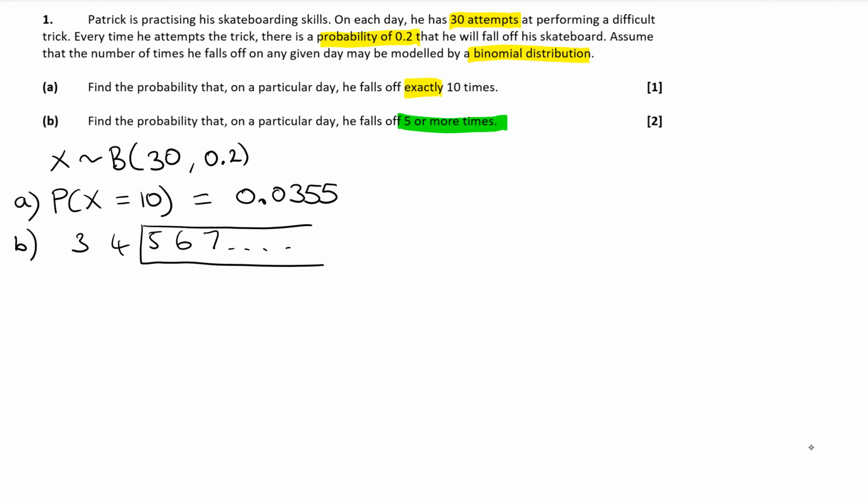Now obviously we're not going to work out the probability of 5, probability of 6. What we're going to do instead is notice that the probability of 5 or more is just 1 minus the probability of 4 or less. Just be careful there, it's 5 or more times, so we need to include the 5. So I definitely don't want to take off the 5 here.